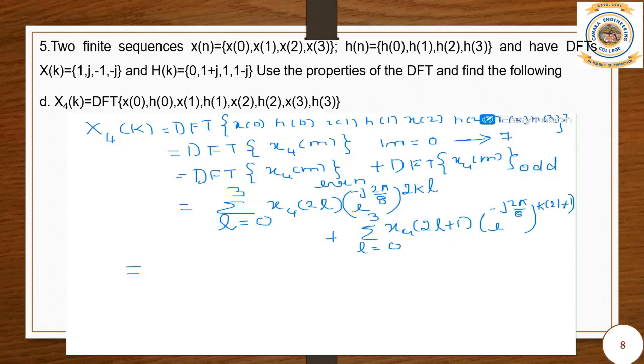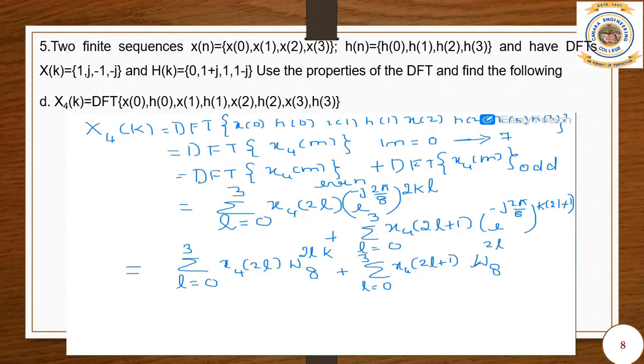I get this as L value varying from 0 to 3, x4 of 2l w8 to the power 2lk plus L value varying from 0 to 3, x4 of 2l plus 1 into w8 to the power 2lk multiplied by w8 to the power k.